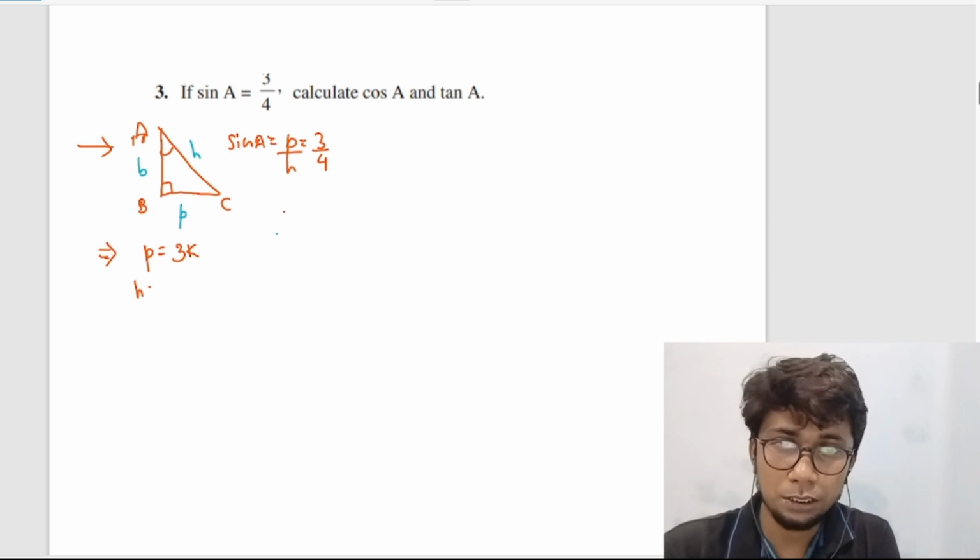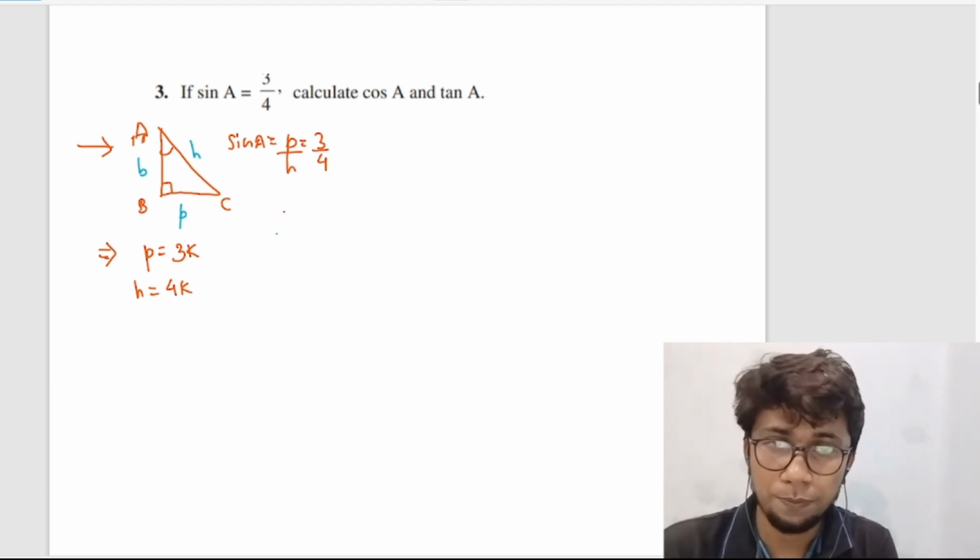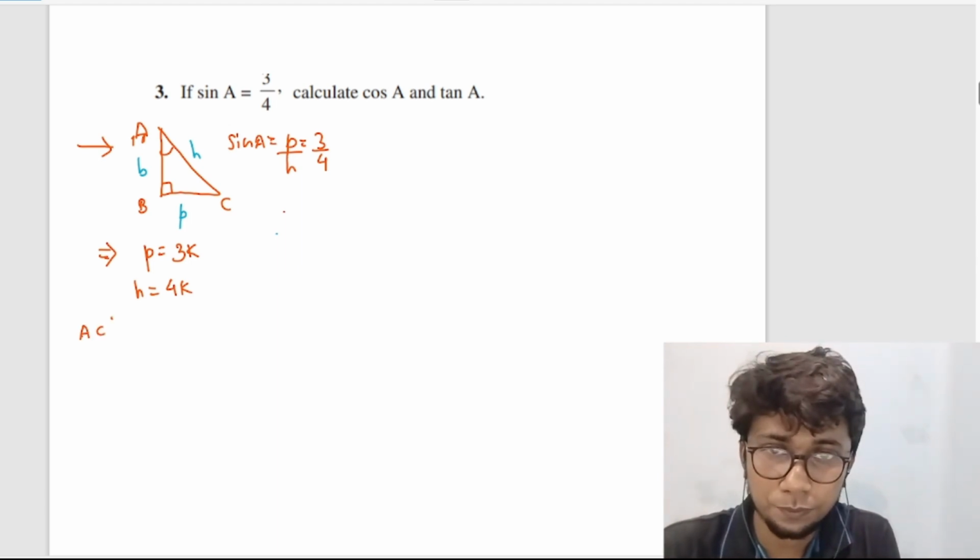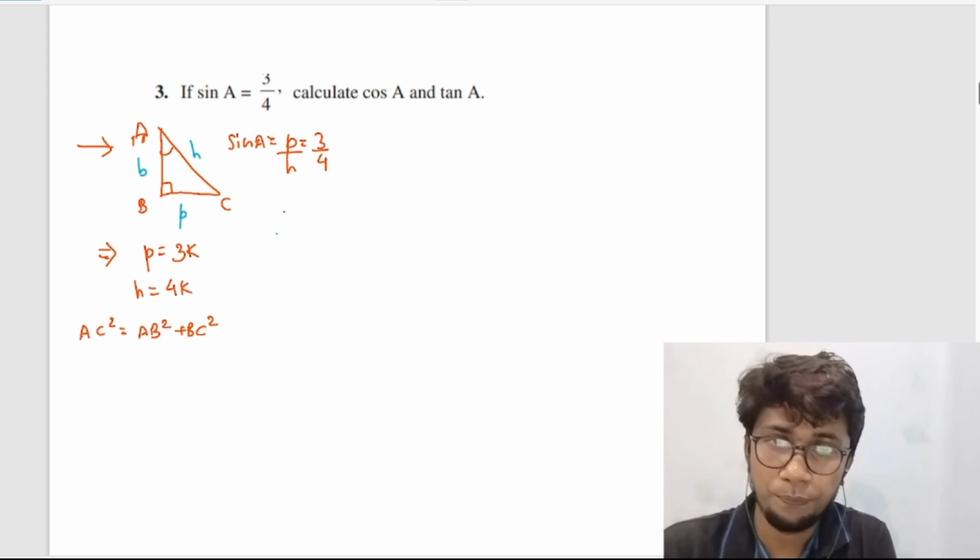Similarly, we can consider h to be 4k. Now we can calculate AB by using Pythagoras theorem, that is AC square equals AB square plus BC square. This implies h is what? 4k. 4k square is what? 16k square.